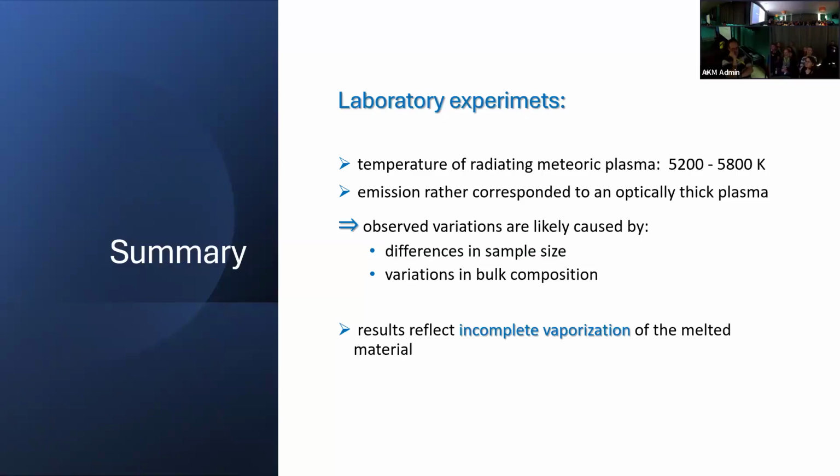And the key finding here was that the vaporization was incomplete, and this explains the discrepancies between our modeled results of elemental abundances compared to the real bulk composition that is published in the literature.